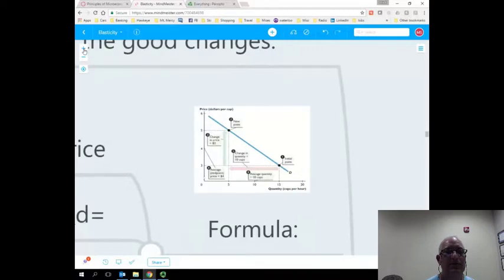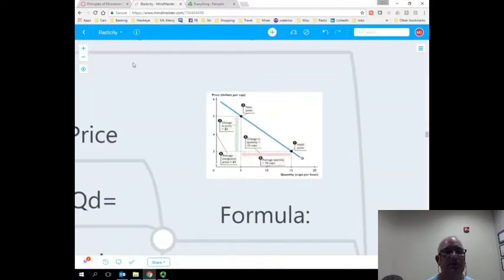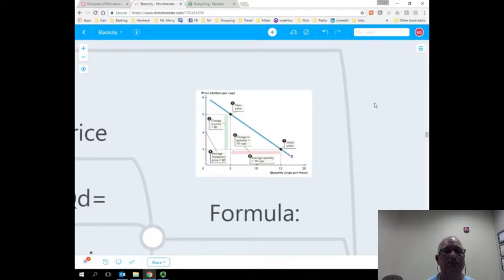I was trying to zoom in on this graph here as much as I can. This is just showing how you might calculate this when you have two different points on a line. This is a starting point, point 1, and then we have a new point here. From this data we can get the changes.